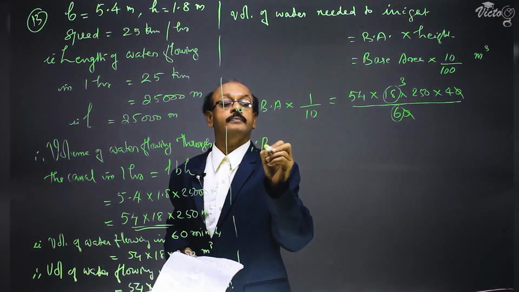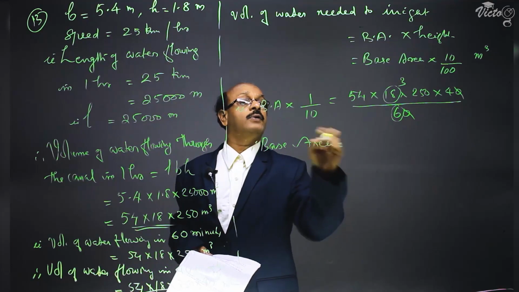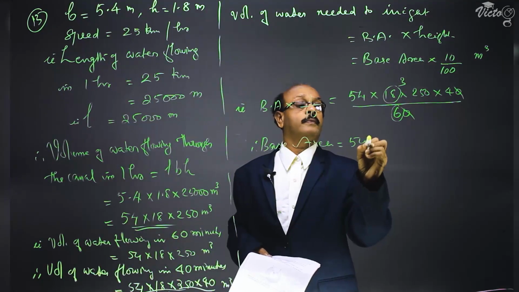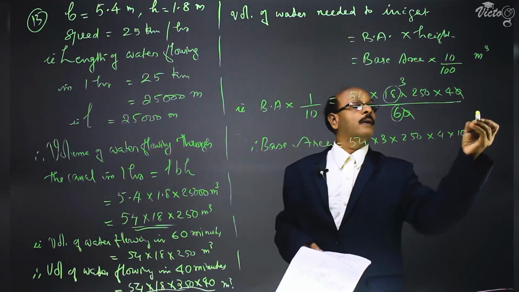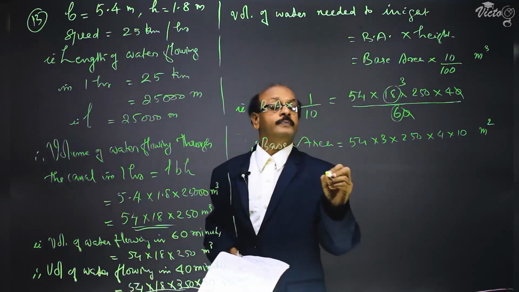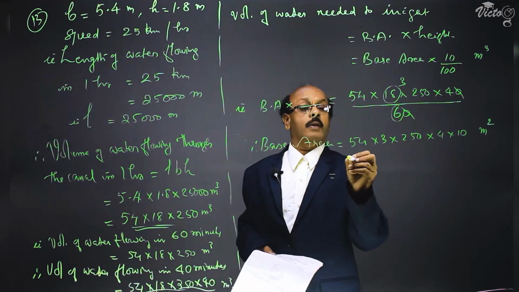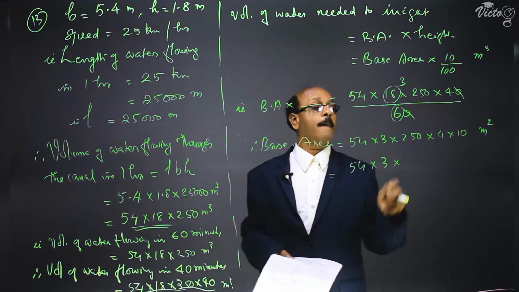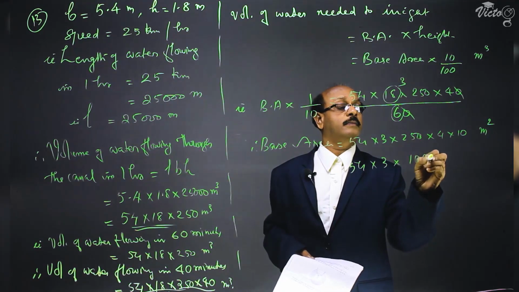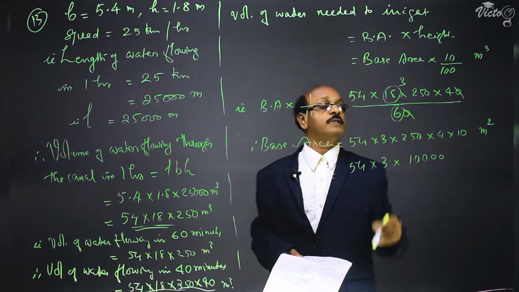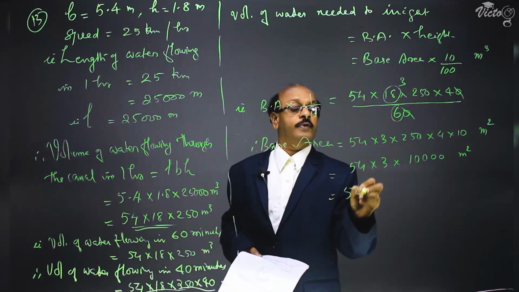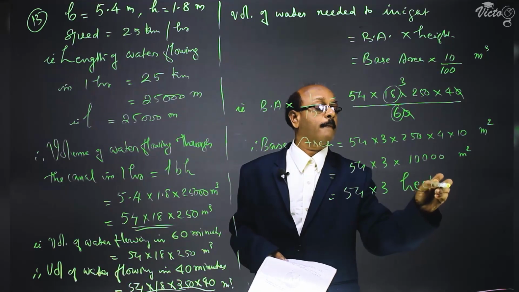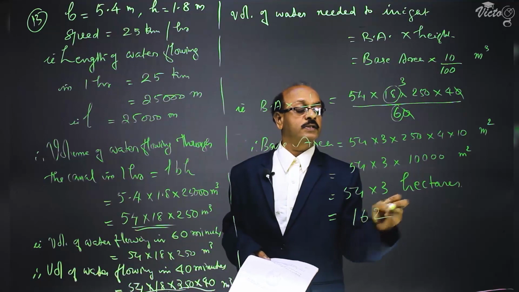Therefore, base area, we have to cross multiply with this 10. 54 into 3 into 250 into 4 into 10 meter square, which is equal to 54 into 3 into 250 into 4, that is 1000 into 10, which is equal to 10,000 meter square, which is equal to 54 into 3 hectares, that is 162 hectares.